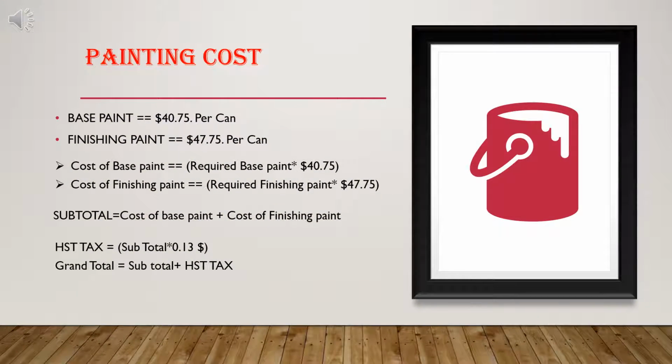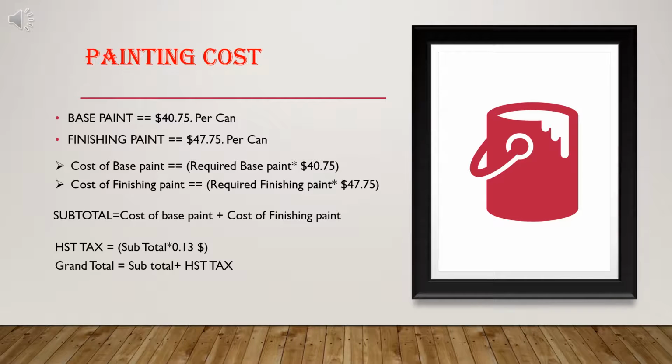Now let's talk about painting cost. So one can of base paint costs us $40.75 and one can of finishing paint costs us $47.75. So the cost of base paint will be the required number of base paint cans times $40.75. Similarly, the cost of finishing paint will be the required cans of finishing paint times $47.75.